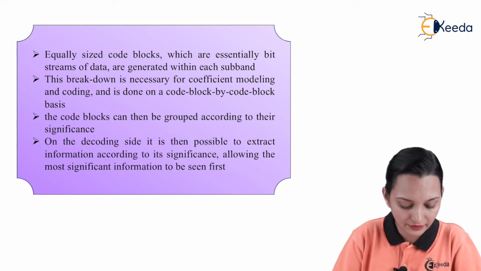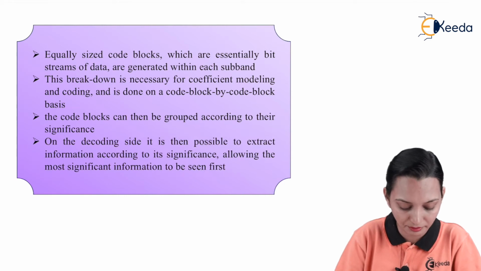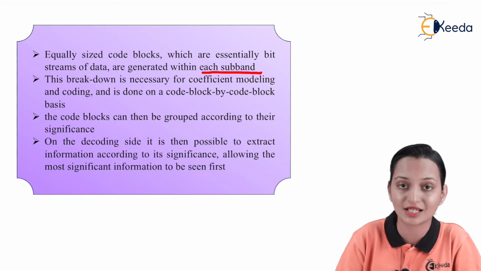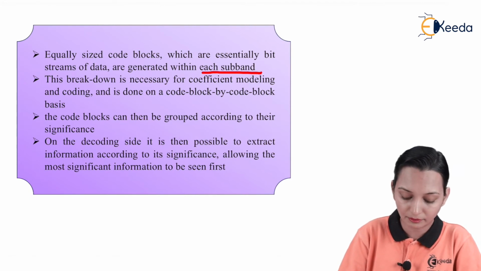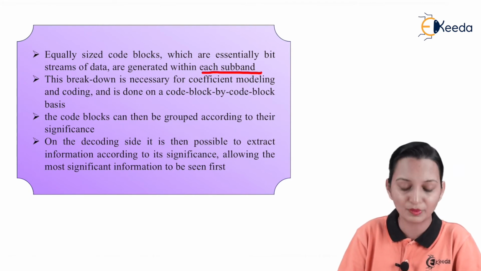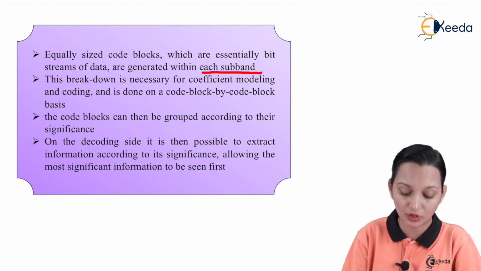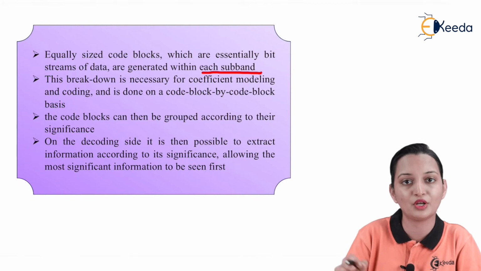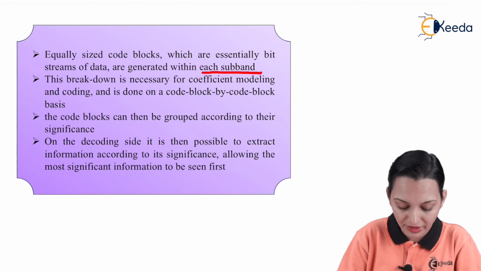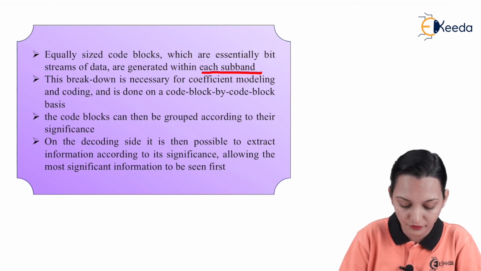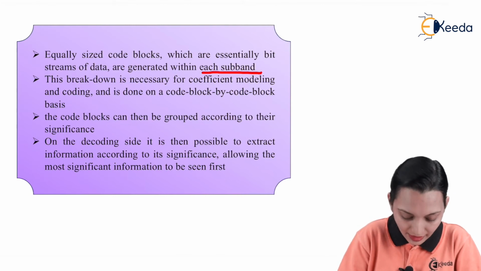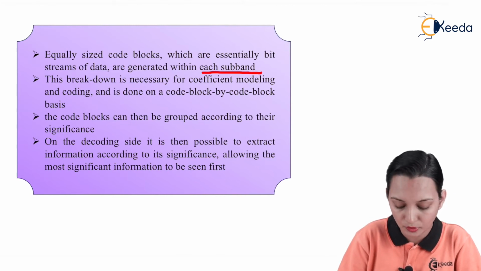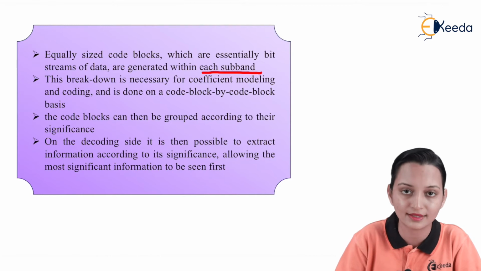After that, the equally sized code blocks, which are very essential for the bit stream of the data, are generated within each subband. So here the word each subband will play an important role. Why? Because each individual subband will take part in the bit streaming of the data. This breakdown is necessary for coefficient modeling and coding, and is done on a code block by code block basis.